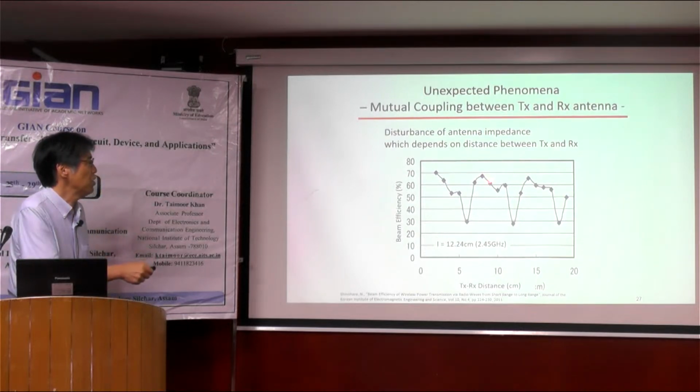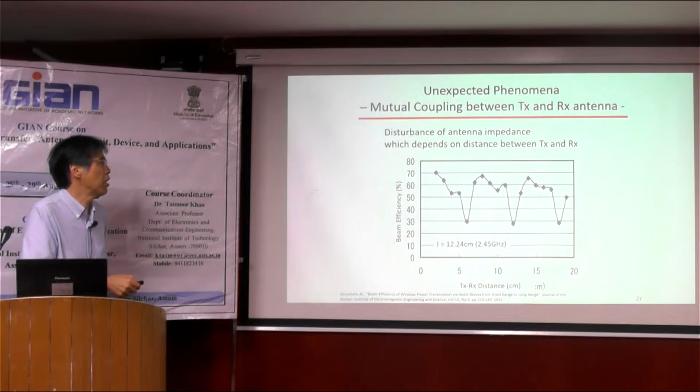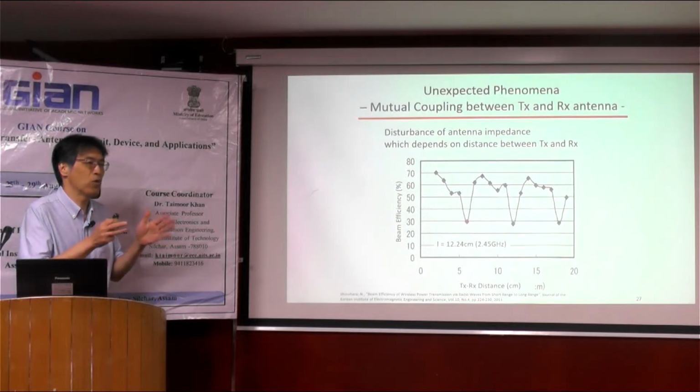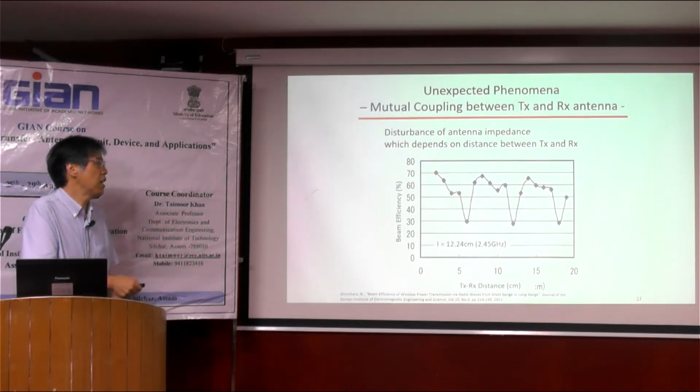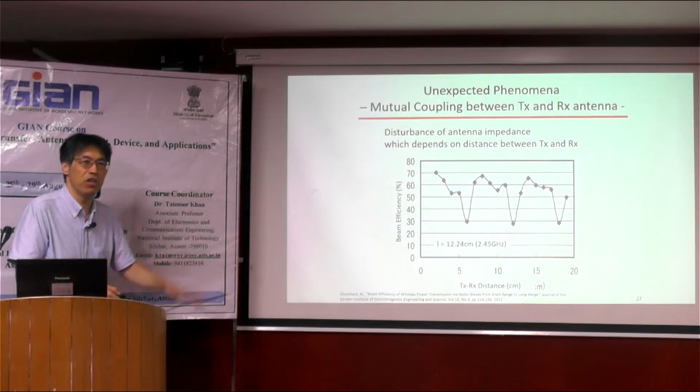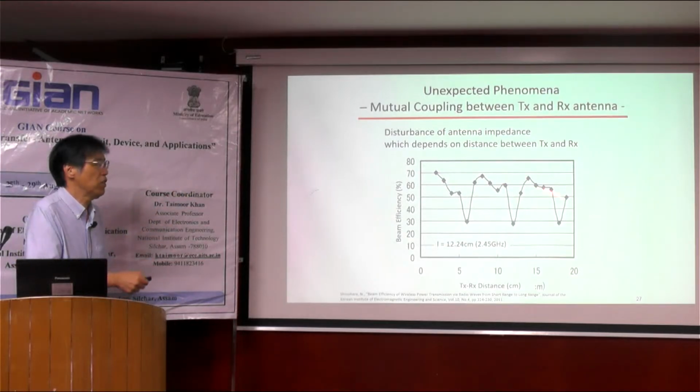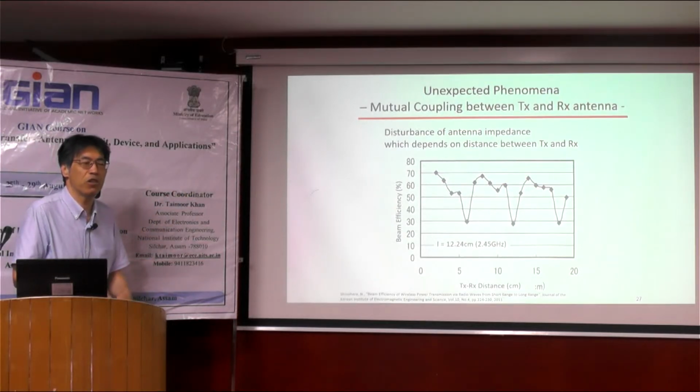So this area is the best parameters for WPT. But in this area, both antennas are coupled electromagnetically. As a result, the impedance or resonance frequency changes, and the efficiency suddenly decreases. So this is evidence of electromagnetic coupling, like inductive coupling.